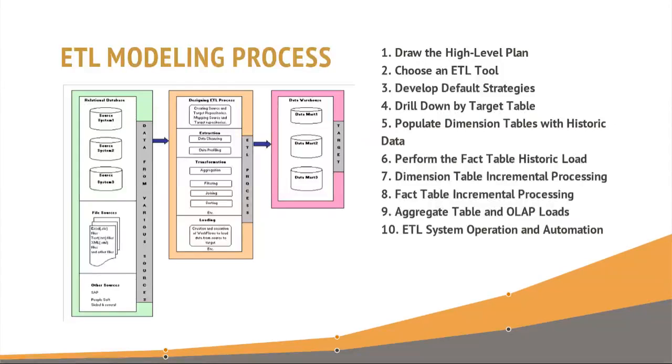The first step of the ETL modeling process is to draw a high-level plan. The plan goes over details of the ETL process, such as the originating sources, how those sources will target repositories, mapping those sources, and then targeting repositories in the data warehouse.